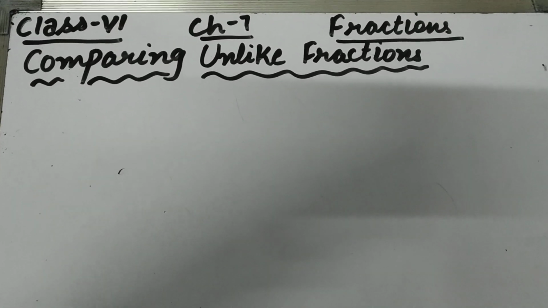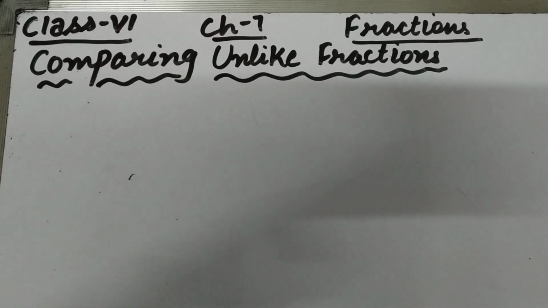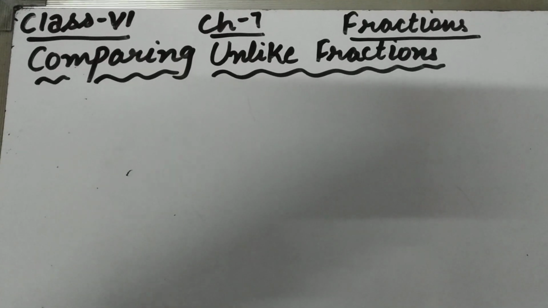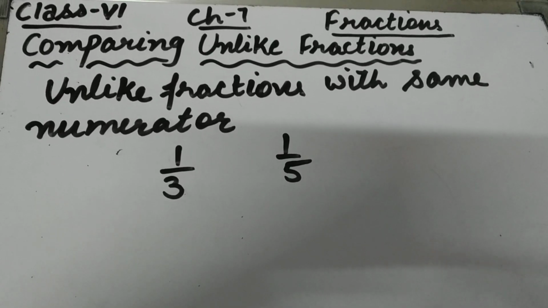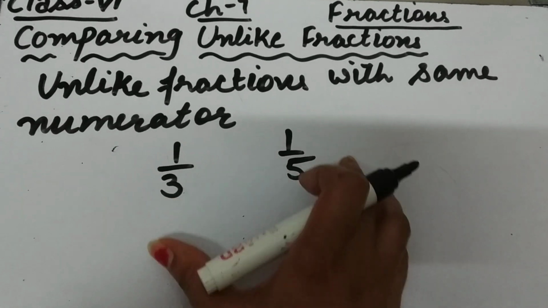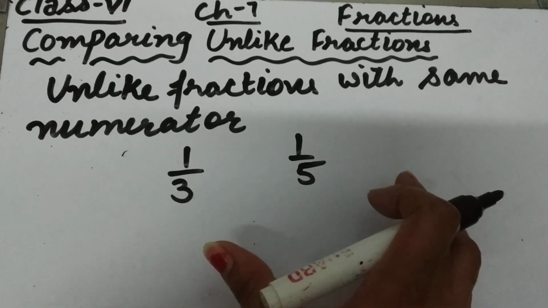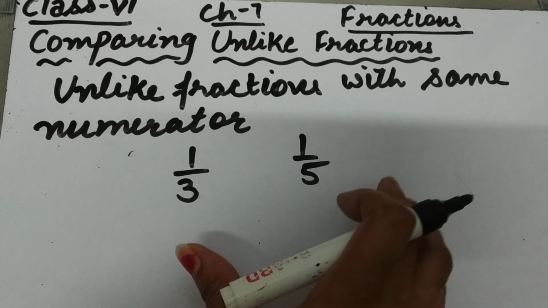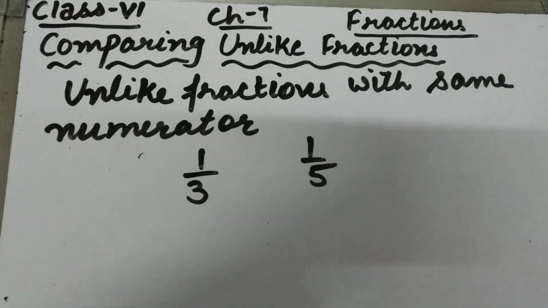Next is comparing unlike fractions. How do we compare unlike fractions? If the unlike fractions have same numerator, let's take these two unlike fractions, 1 upon 3 and 1 upon 5, then the fraction with smaller denominator is greater than the fraction with greater denominator.